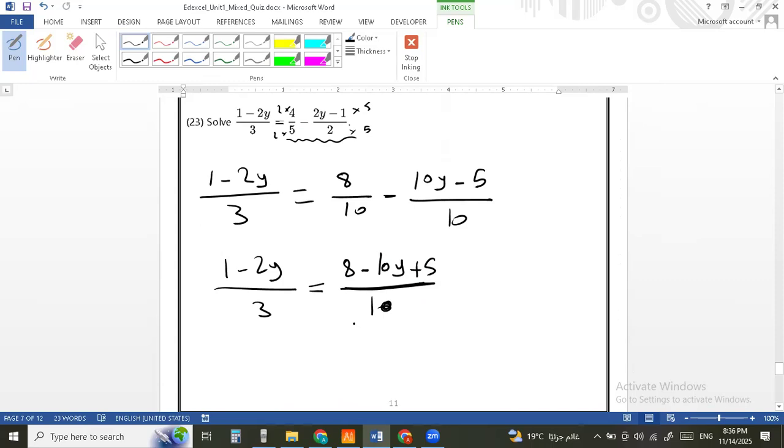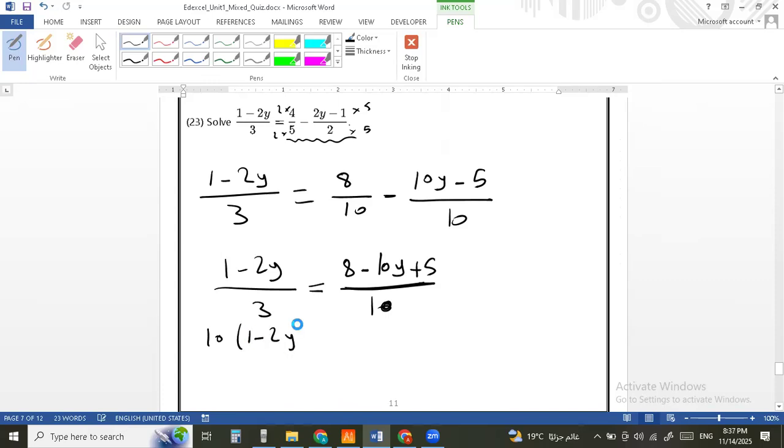Now, what are we supposed to do? We are supposed to take the 10 to the other side, multiplication, and the 3 to the other side, multiplication. So I'm going to multiply 1 minus 2y by 10. I'm writing the steps so you don't get confused.